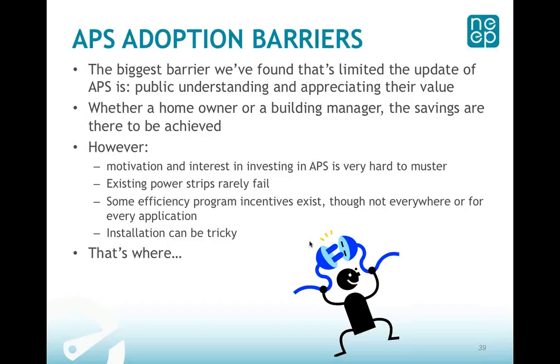Products that could be managed better are really beyond the scope of most people's range of caring, what they're able to focus on. That is the same issue among homeowners or building managers, even though there are savings to be had. So we are trying to help break this down.